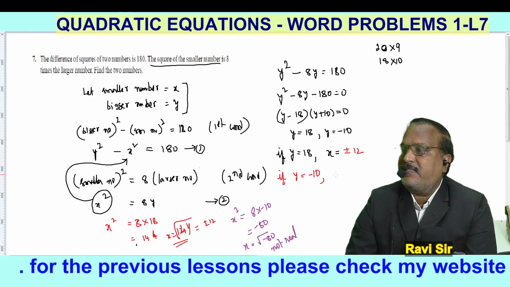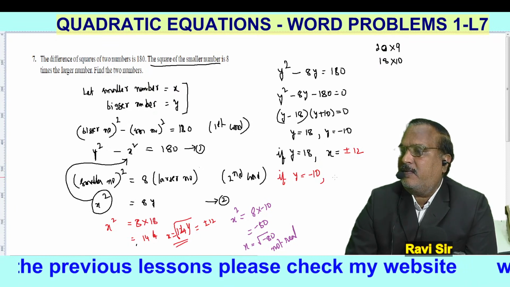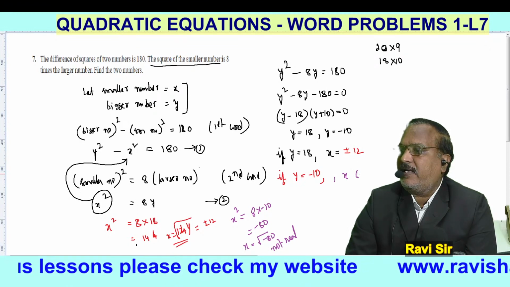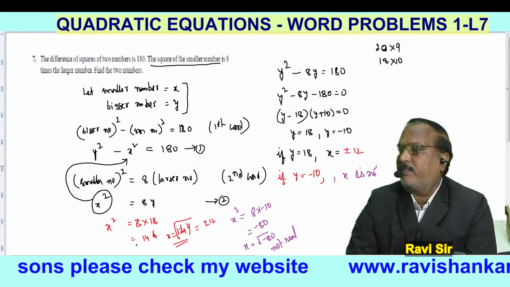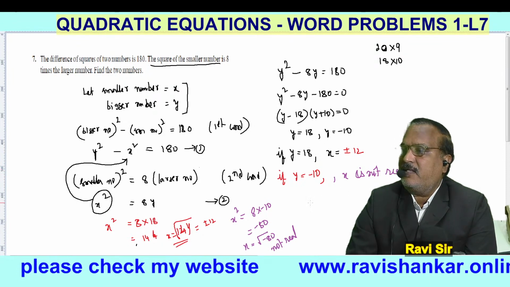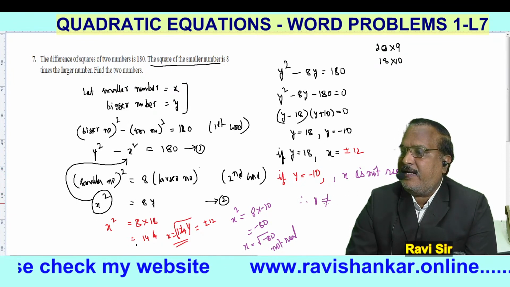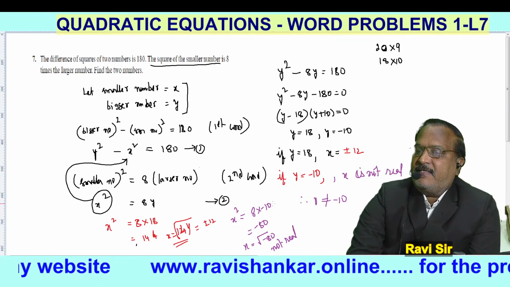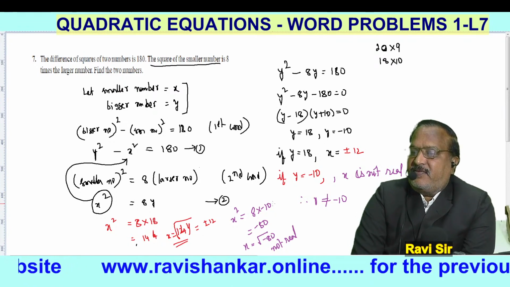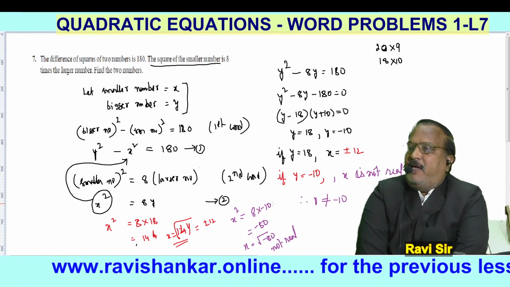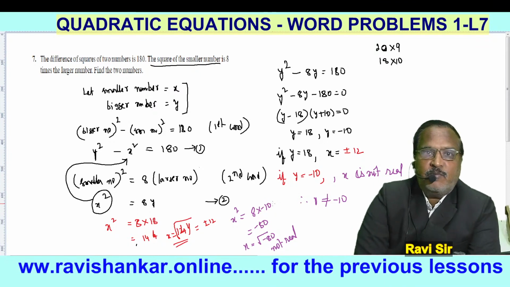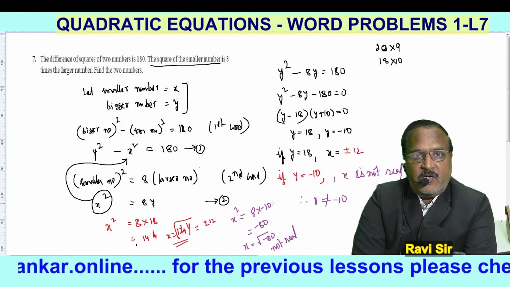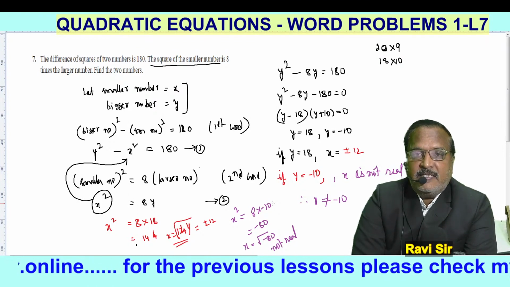X cannot exist, x is not real. Therefore, y cannot be equal to minus 10. It's not possible to find the square root of minus 80. So for y equal to minus 10, x is not real.